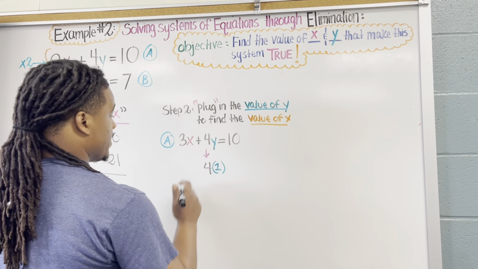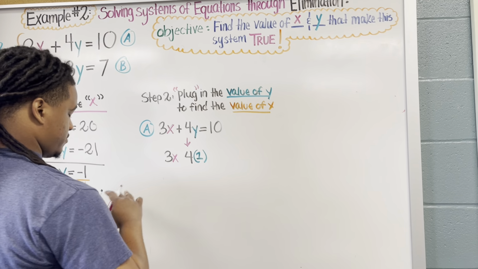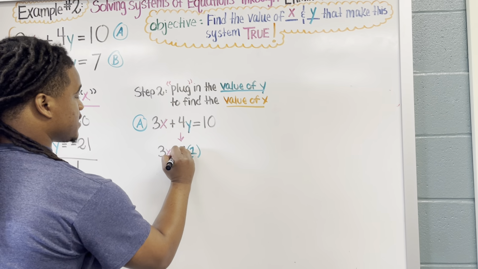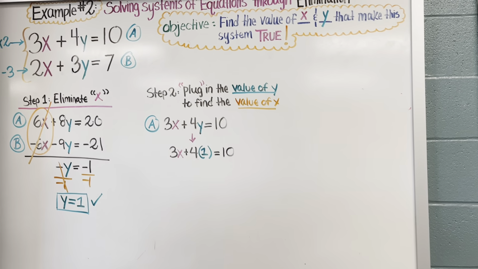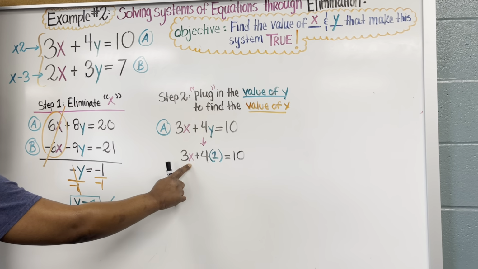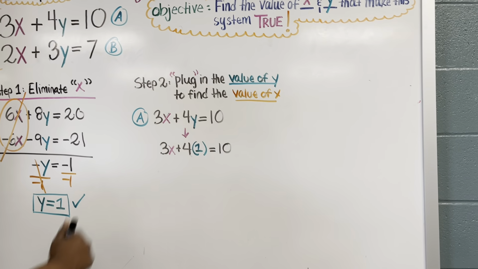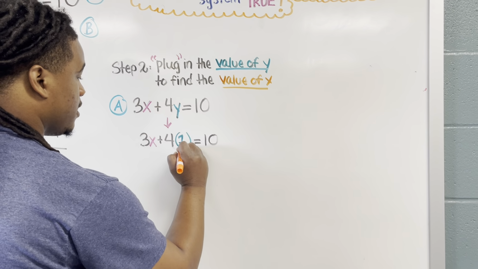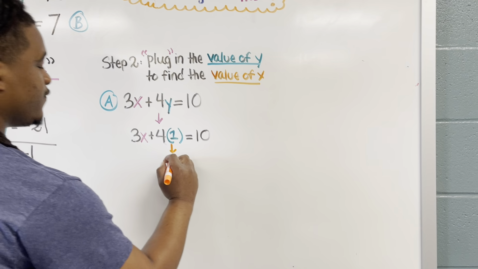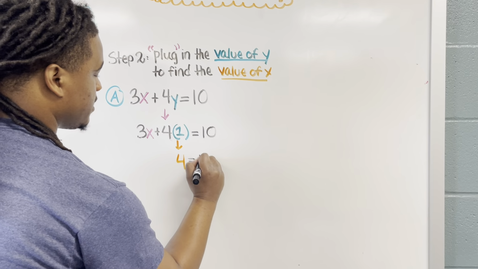Okay, so now we have 3x plus 4 times 1 equals 10. And now since it's set up like that, and we only have one variable that we don't know the value of, which is x, we can now find the value of x, okay? So let's go ahead and do that. 4 times 1 is 4. So I got equals 10.